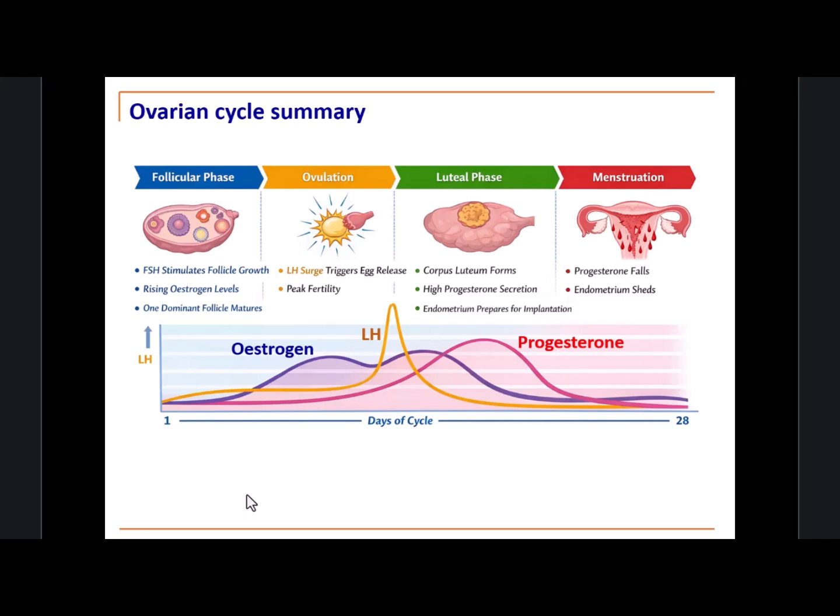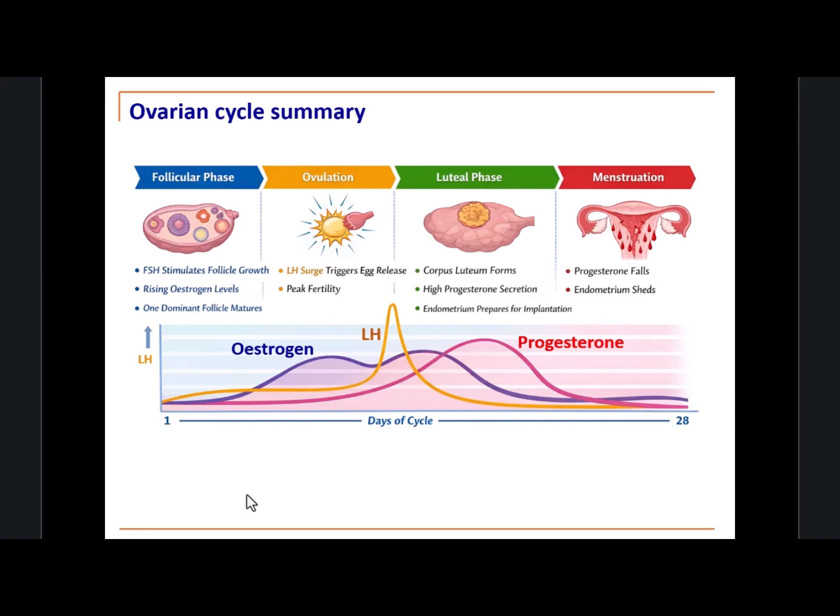The others will die. So that follicle produces inhibin, which again is inhibitory on FSH, but also importantly, it produces estrogen, and that estrogen further develops the follicle. And that one follicle keeps developing until estrogen levels become so high and the follicle is ready to release its egg that the high estrogen has a positive feedback loop onto LH and you get an LH surge.